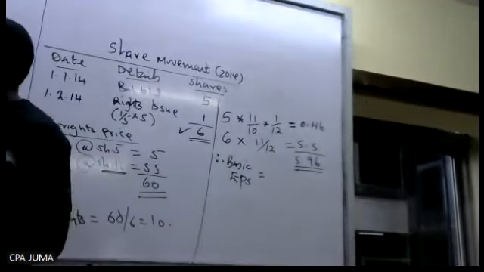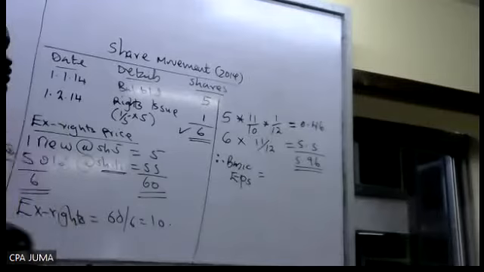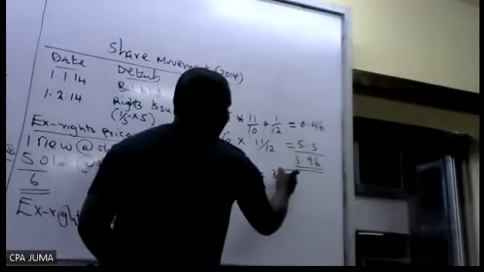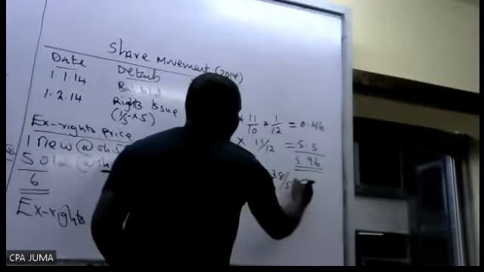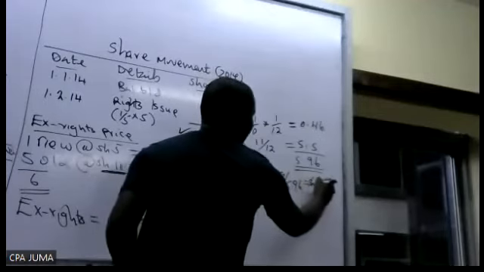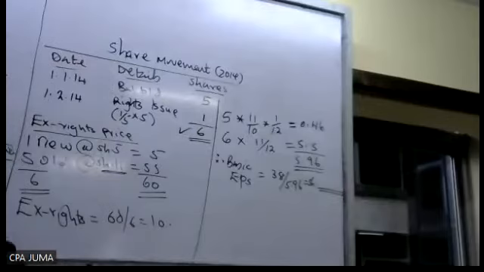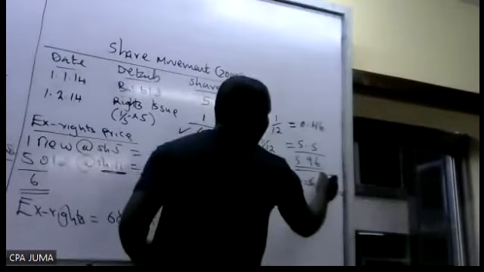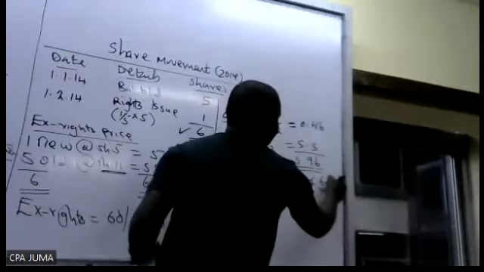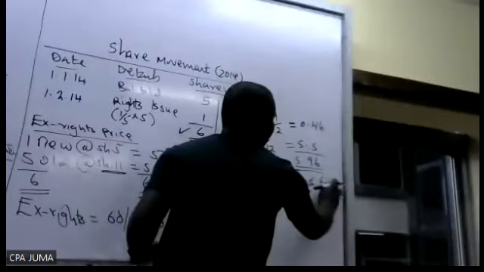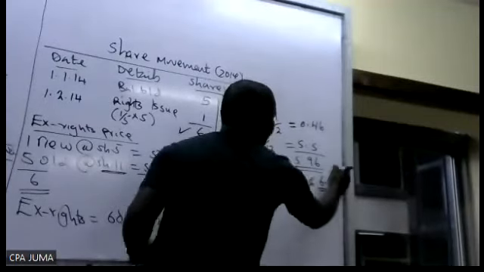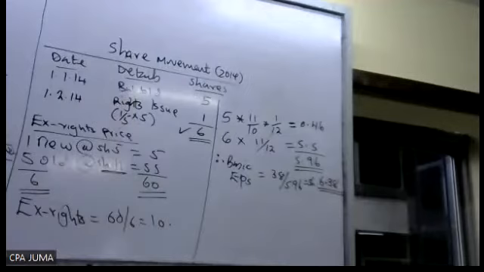Profit for 2014 was 38. So you take 38 divided by 5.96. You get 6.38 per share.